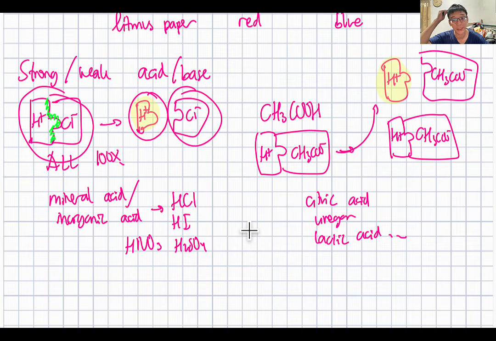For bases it works the same way, that we have strong and weak bases. Strong bases dissociate completely into hydroxide ions and their metal, while weak bases mostly remain in the whole molecule form instead of being dissociated. So this is the distinction between strong and weak acid.